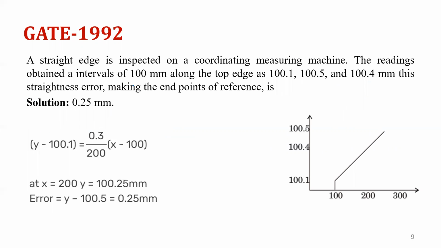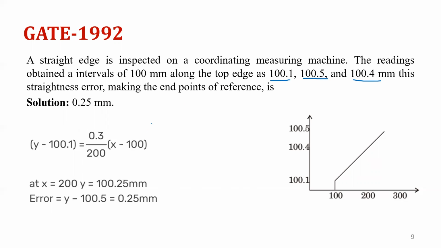A straight edge is inspected on a coordinate measuring machine. The readings are obtained at intervals of 100 mm. The top edge has 100.1, 100.5, 100.4 mm. The straightness error is to be found taking the end points as reference.